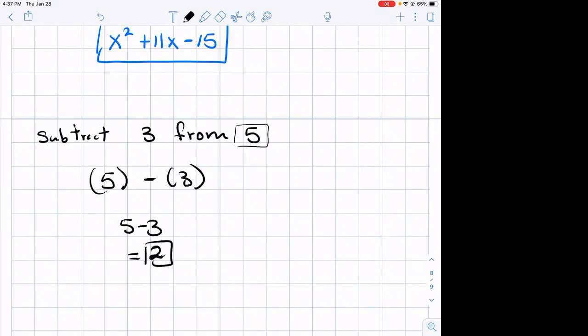So the reason I'm showing you this example is because when you have polynomials with more than one term, you have to write this one first, if it's written in this order.